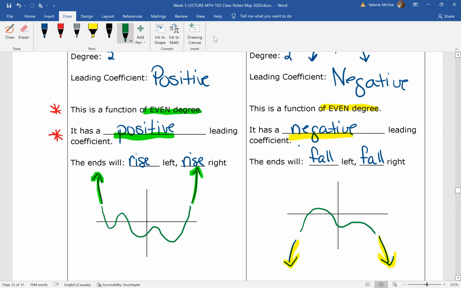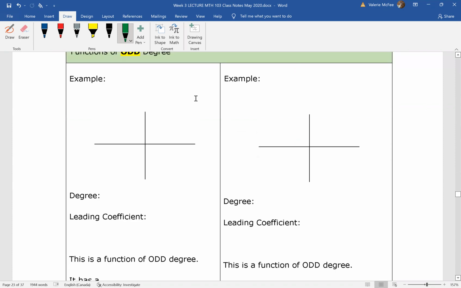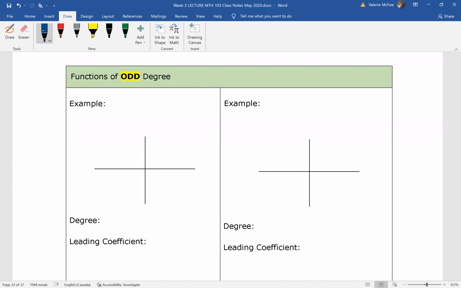Let's look at the polynomial functions with an odd degree. We also have an example of functions with an odd degree. You've memorized y equals x cubed. You know what that graph looks like. And you know what happens when we have a negative x cubed. Reflection across the x-axis.